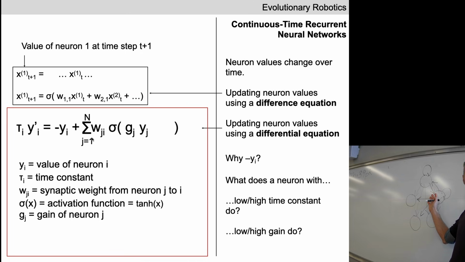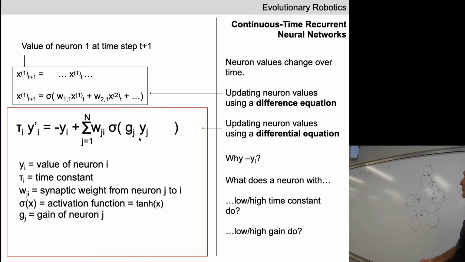If there are 5 neurons, how many Ws are there? 25, right? Okay, so we've got a whole bunch of parameters that describe or alter the way that neurons behave in a CTRNN. We're keeping a count, right? 5, 10, 35.